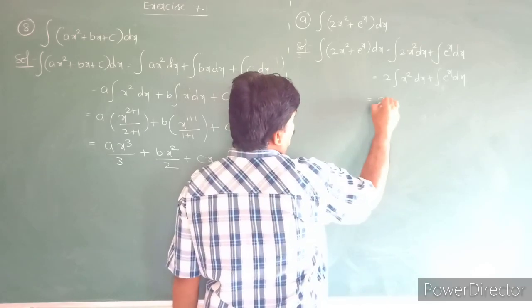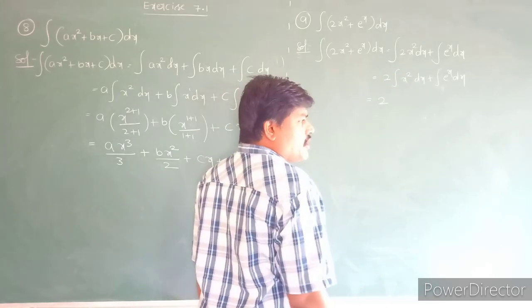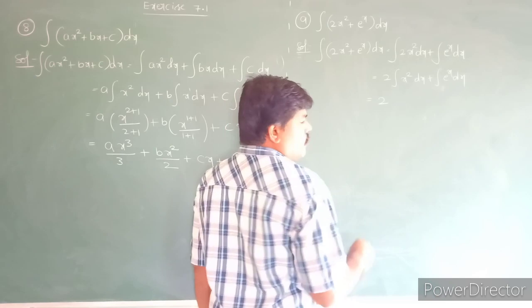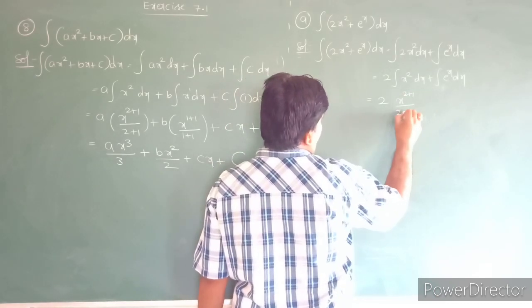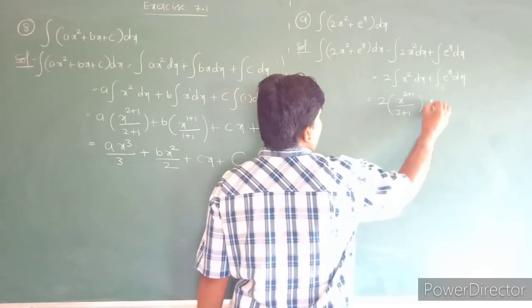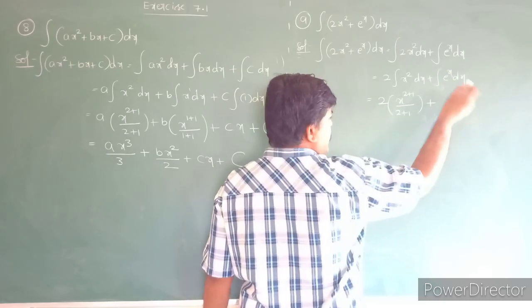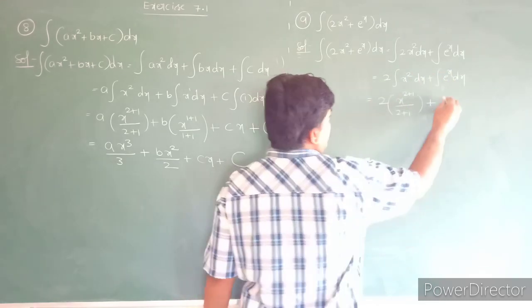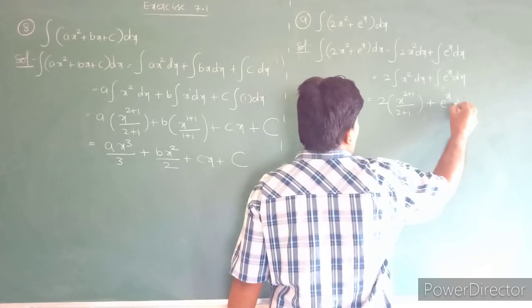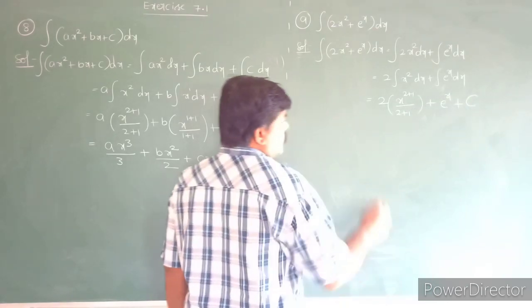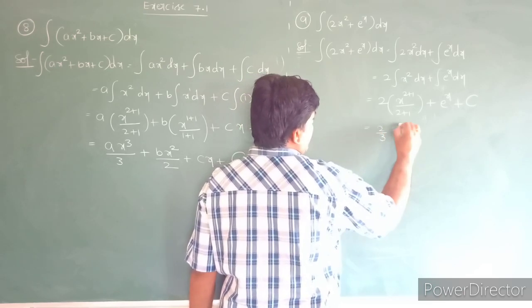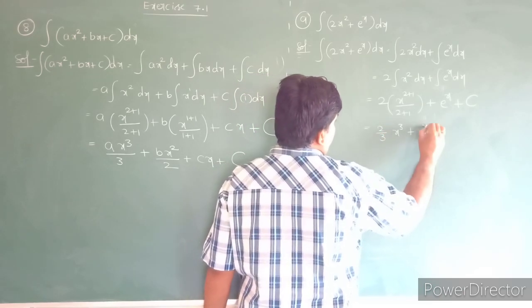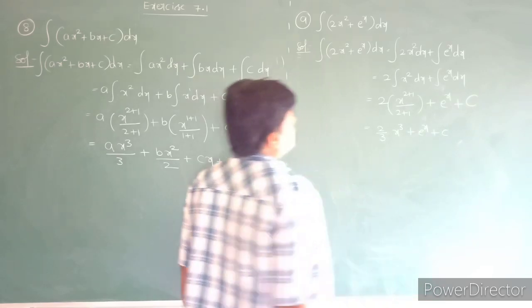What is the x power n integration? X power n plus 1 by n plus 1. So it will become x power 2 plus 1 by 2 plus 1, plus integral of e power x. Integral of e power x is e power x only. So you will get e power x plus c. So that implies 2 by 3 into x cube plus e power x plus c.